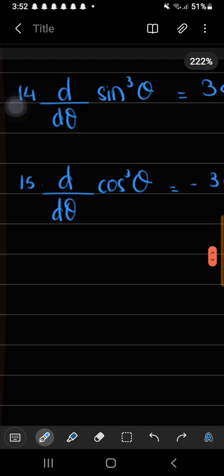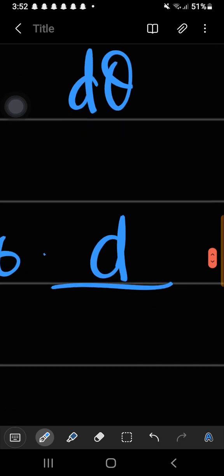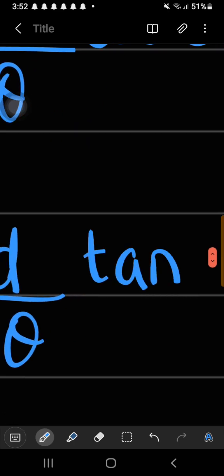Okay, so let's have a last property for this recording, and this is d over d theta of tan inverse theta is equal to 1 upon 1 plus theta square.